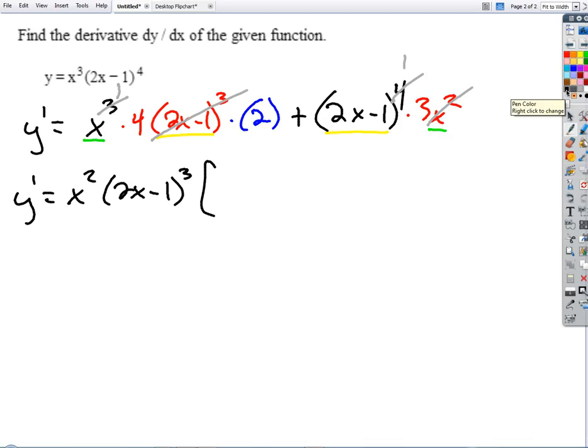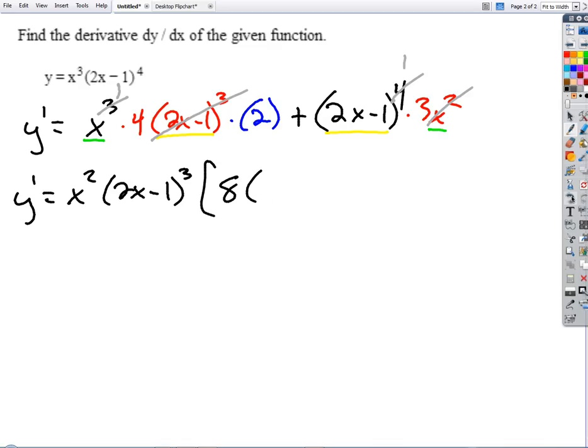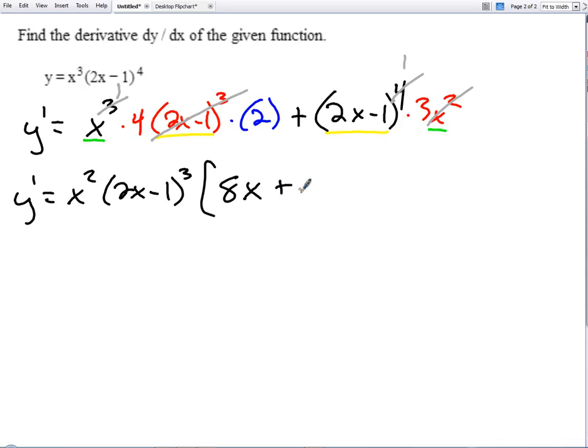8. In this universe, it's 8, I guess. 8 times x, right? Quantity, times 3. There we go. Okay, and I can do some additional simplification.